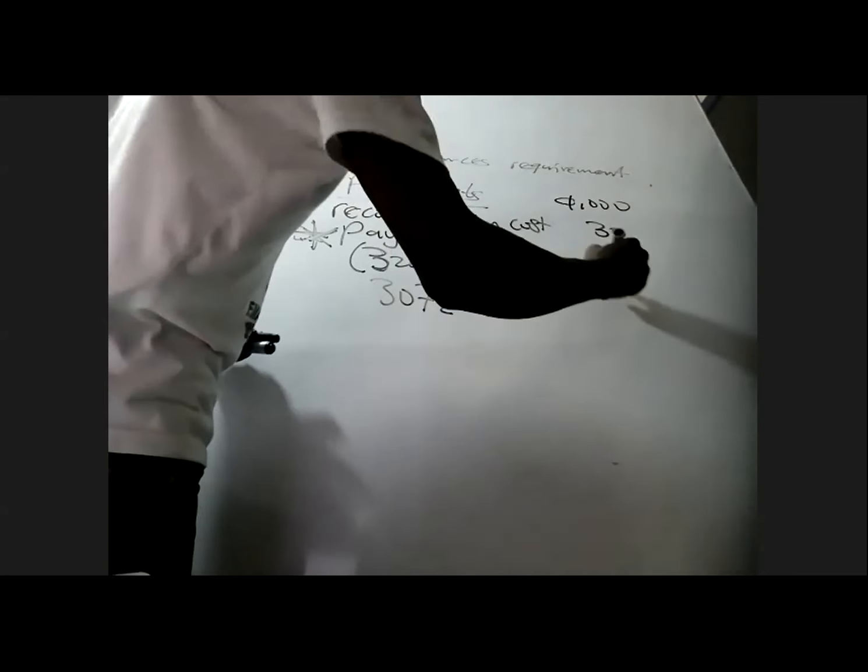3,200 out of 380. So 3074. I like that. So 3074. So that's what we are going to pay. How do we get that? Because how much you are losing is 126. We had 126.